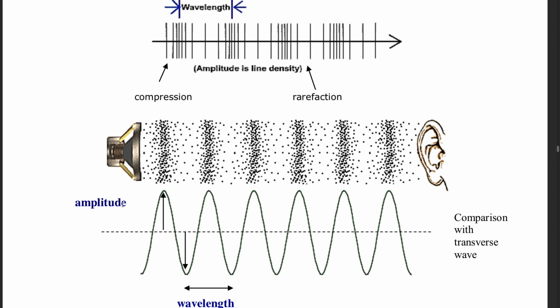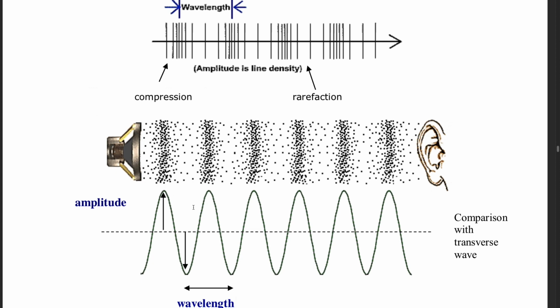Now in this case, the amplitude will be how far from its mean position a particle will go to the left and to the right, in parallel with the wave motion. Unlike a transverse wave, like we have at the bottom, where the amplitude will be how far from the mean position it will go perpendicularly to the direction of the wave. At the bottom, to compare with this longitudinal wave, we have a transverse wave, so we can see the different motions.